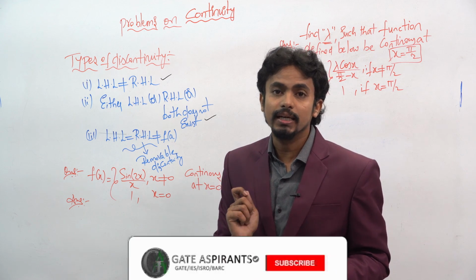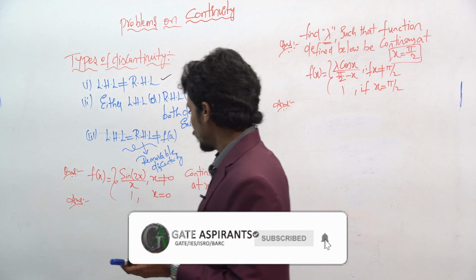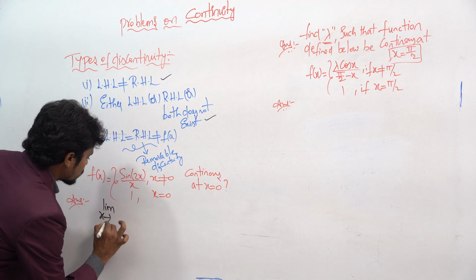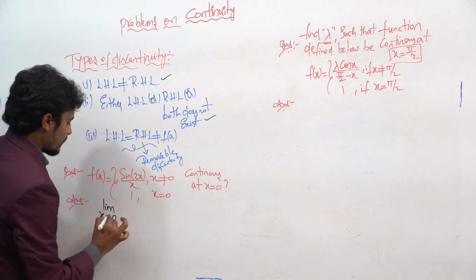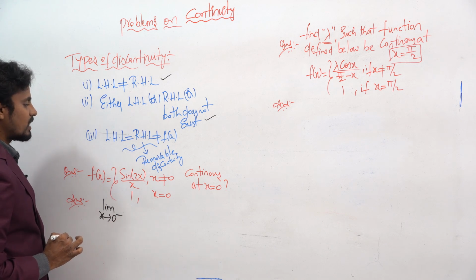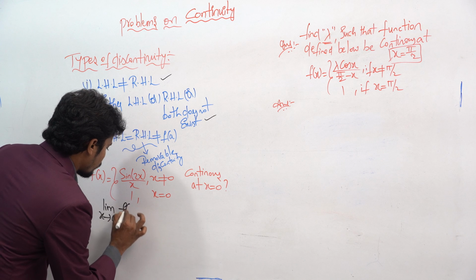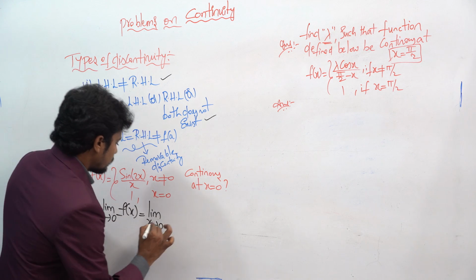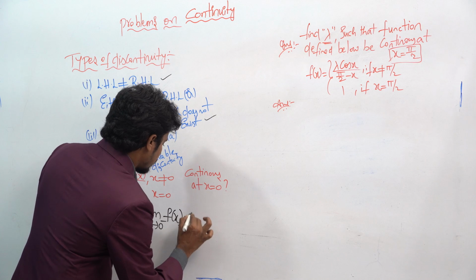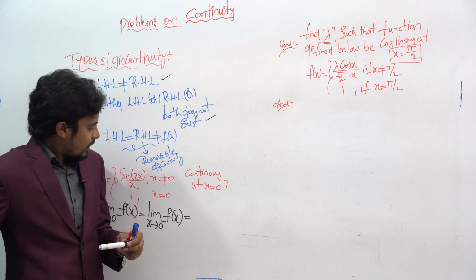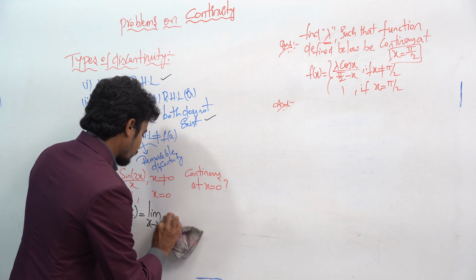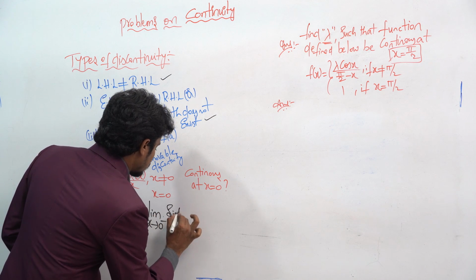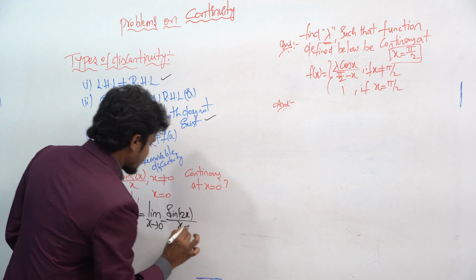That is our criterion. First, the left hand limit: limit x tends to 0 minus of f of x, where f of x is sin 2x divided by x.